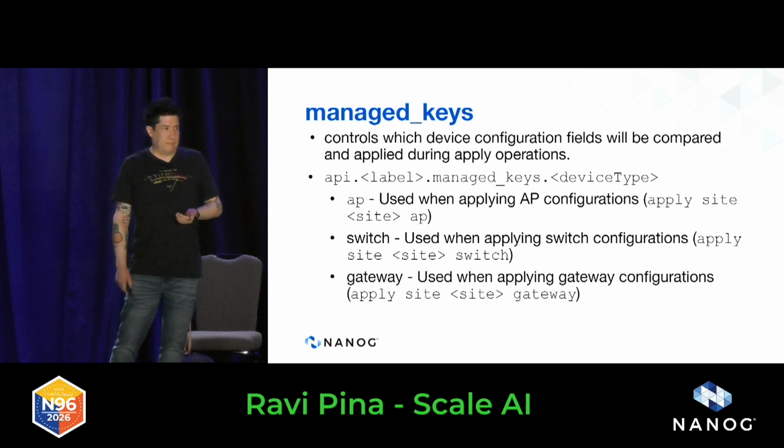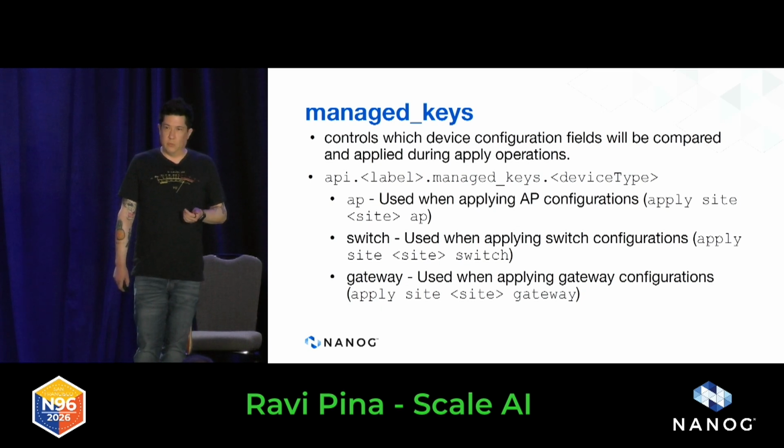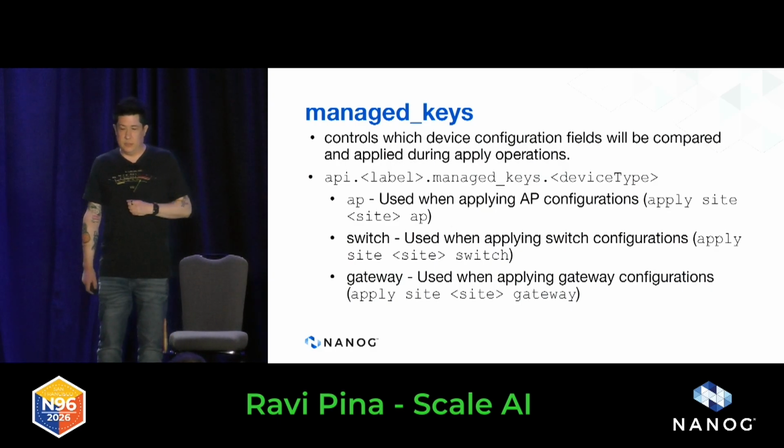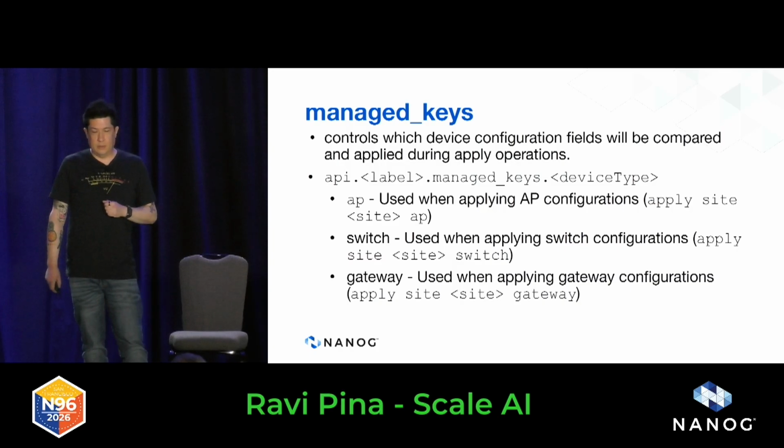Again, part of the safety system is that we declare the keys that are managed by the tool. This is more or less the notation, all in this JSON tree. There's the manage keys object, and then you have the device type.